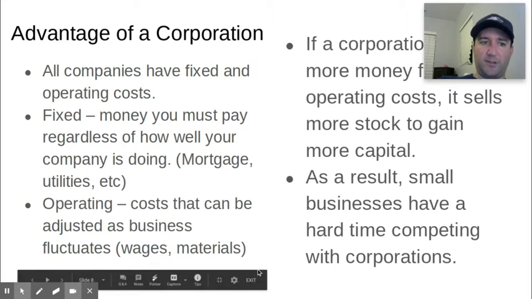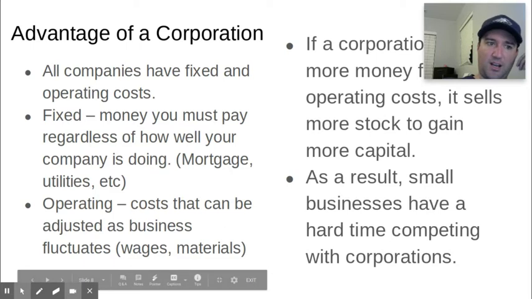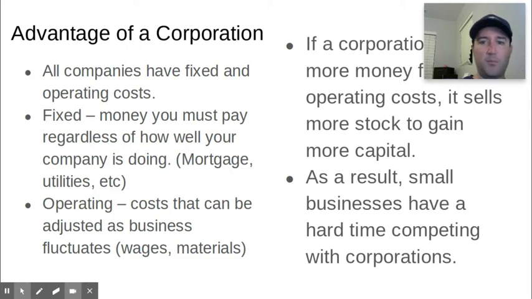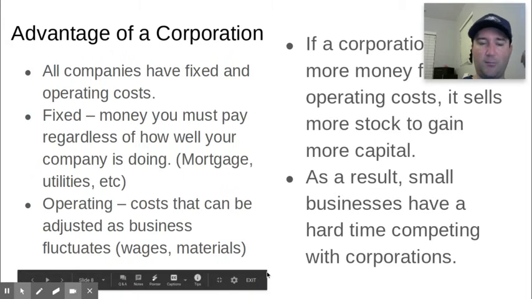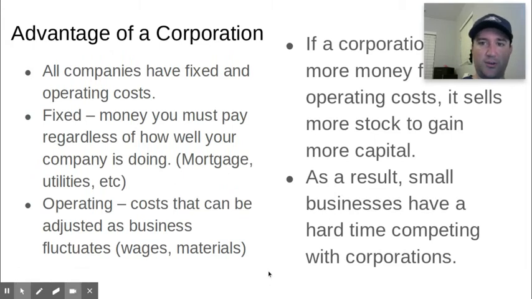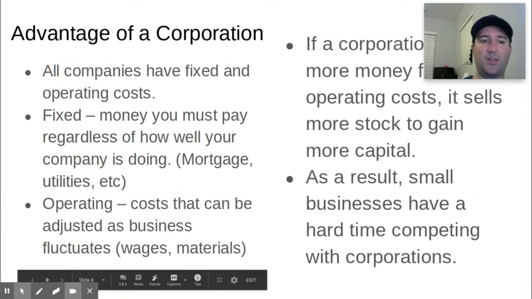Corporations are a little different. Like all businesses, they have fixed and operating costs. Fixed costs are basically costs you must pay no matter what. That's the mortgage to use the land, your utilities to run your machinery, and so forth. If you don't pay those, then you pretty much won't have a business.